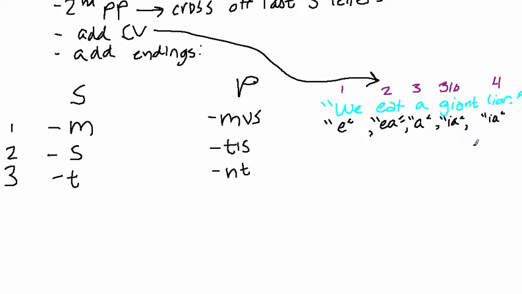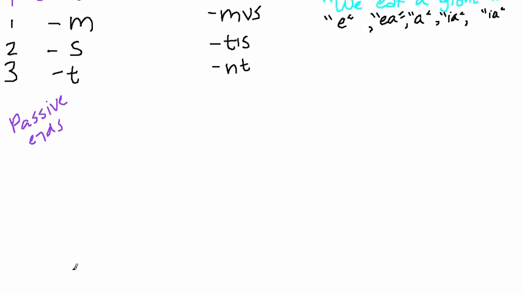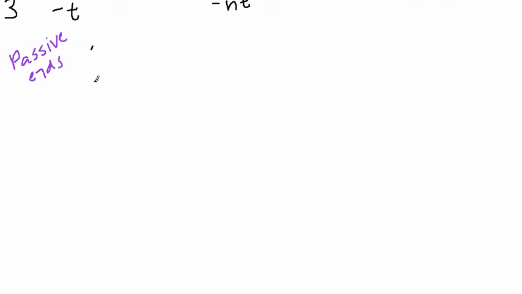It's very easy. And for the passive, you do exactly the same, except you add these endings. And let me label this active endings, and I'll write down the passive endings, and I'll go ahead and write them down now. We start off with our chart. So singular, plural, 1, 2, 3.